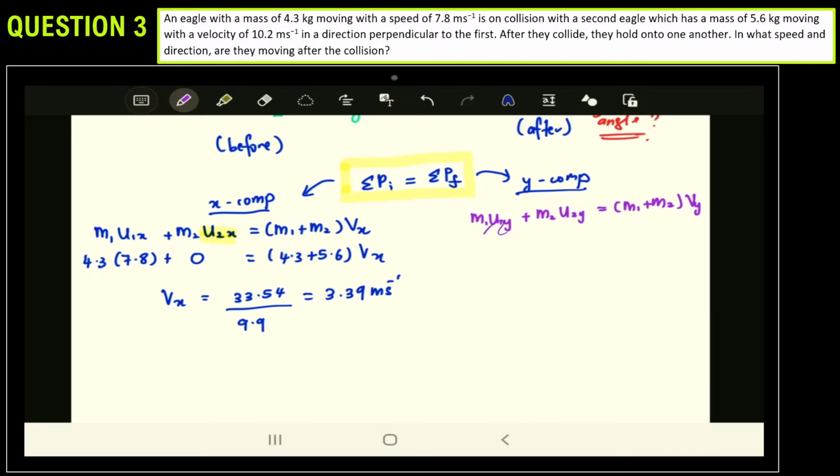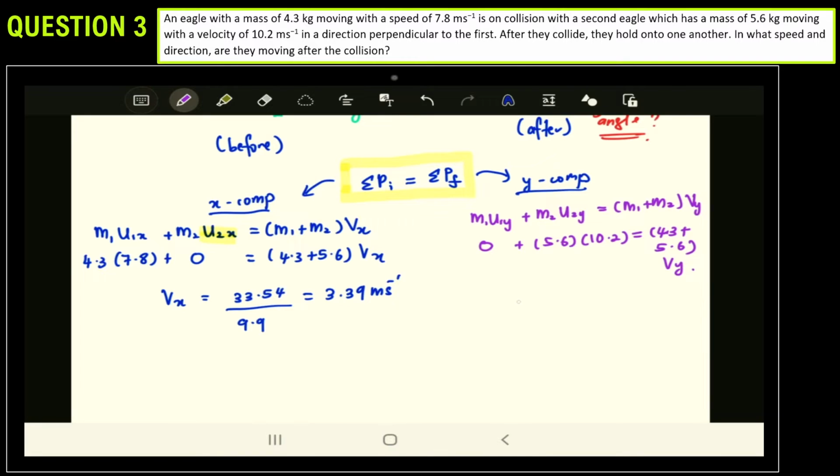Pada awalnya U1x sahaja dia ada, U1y tiada. Alright, so we write 0 plus 5.6 times, so U2 is moving in Y direction, so 10.2, is equal to 4.3 plus 5.6, Vy.